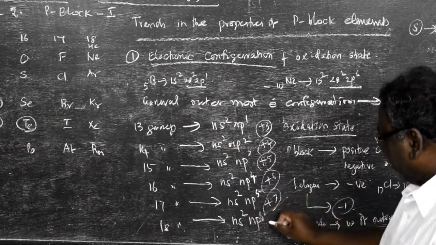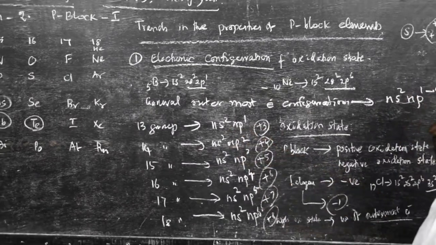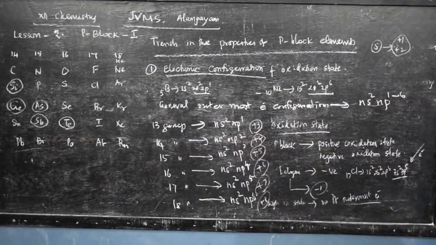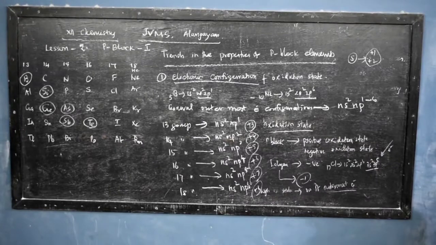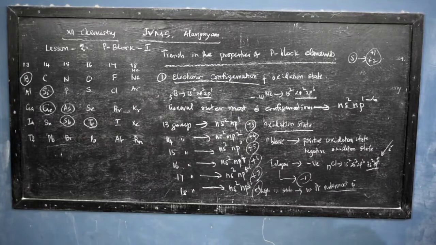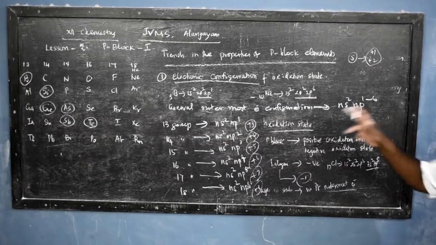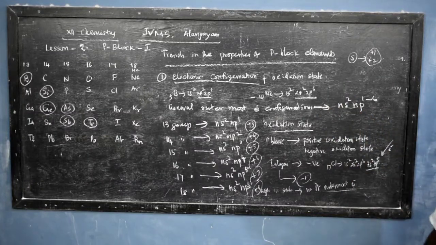8. So the number of valence electrons will always give the highest oxidation state, because only those number of electrons can be involved in the bonding, in making the molecules. So this is the general information regarding electronic configuration and oxidation state.